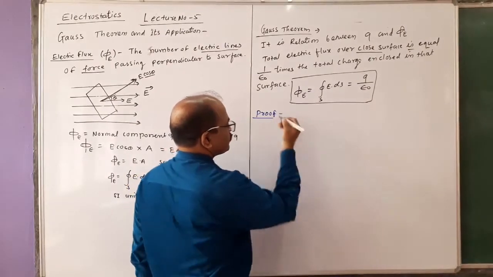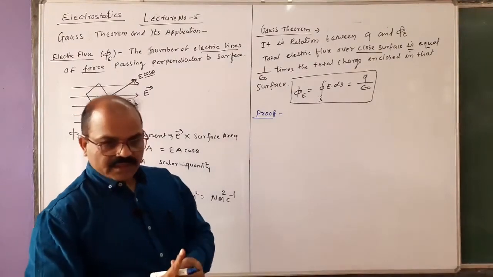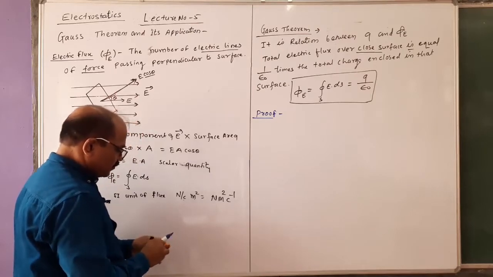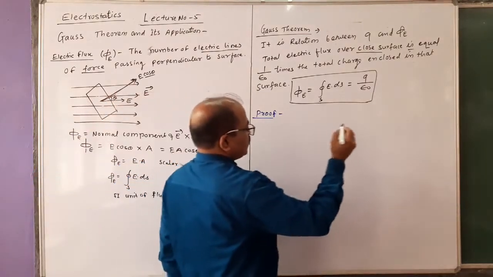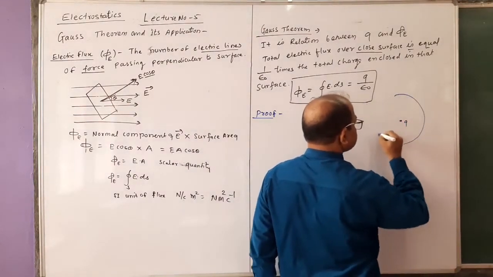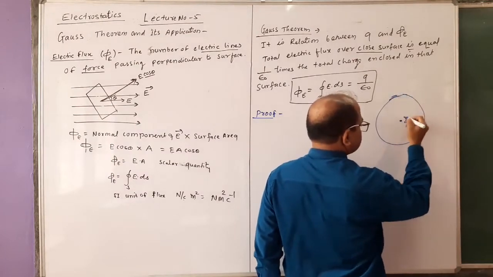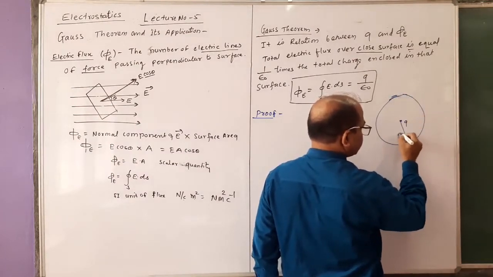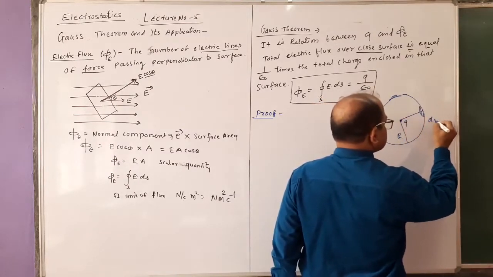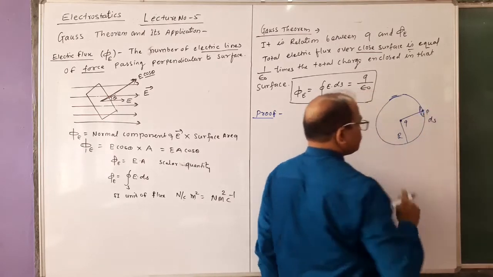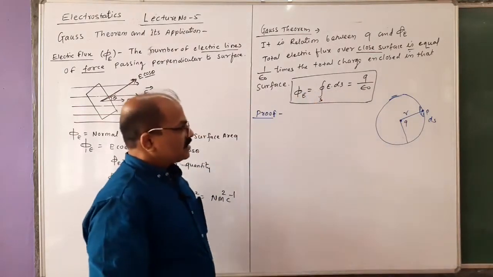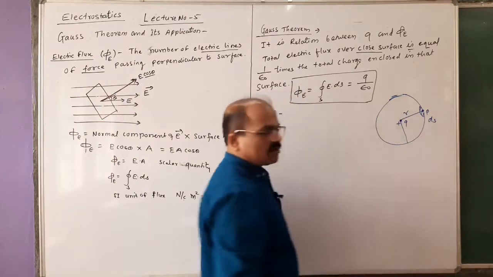Proof. The Gauss theorem is proved by considering a charge enclosed in a sphere of radius r, with a small surface element dS.